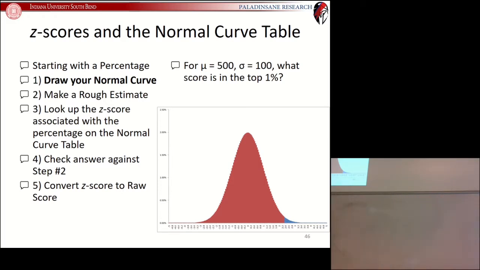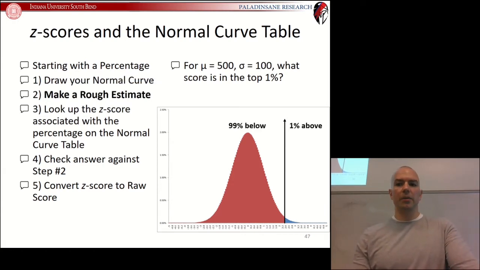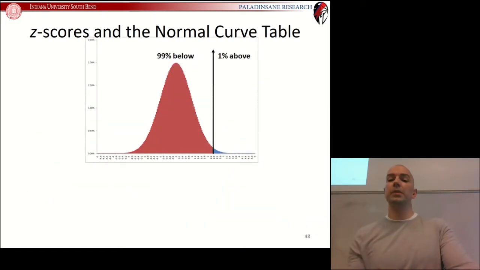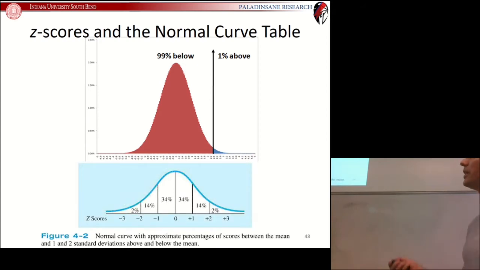All right. Step 2, make that rough estimate. We want 1% above. We've got 99% below. So once again, we have, in this case, 1% above. We go back to our graph here. Again, this is from the textbook.